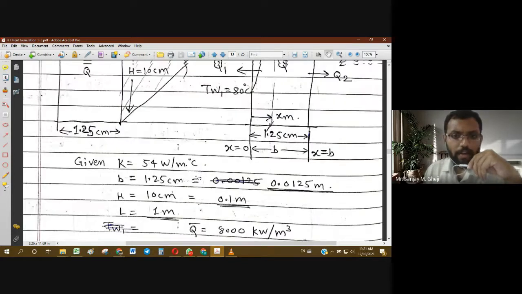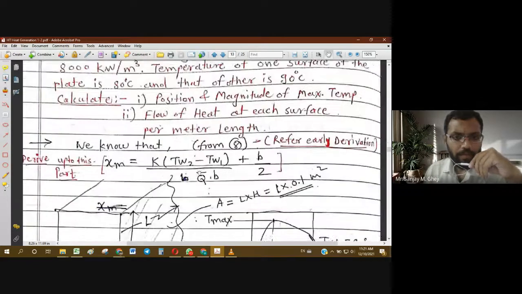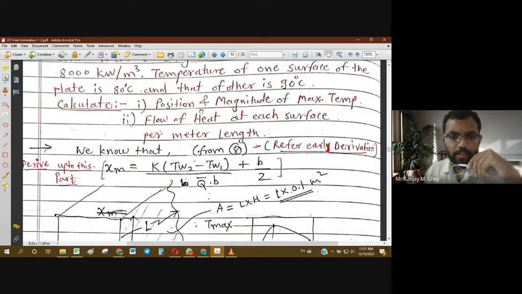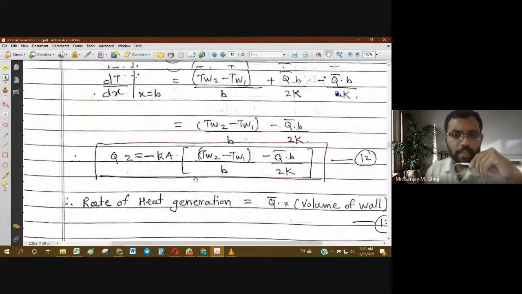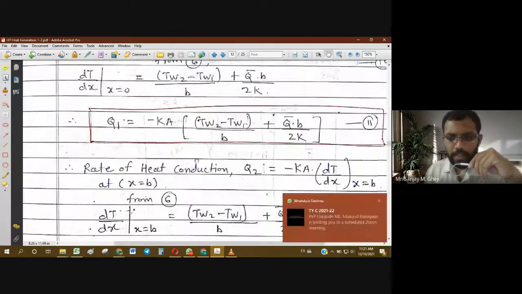Okay. Now, the first thing asked is the position and magnitude of maximum temperature. We have just completed the derivation for a similar case.